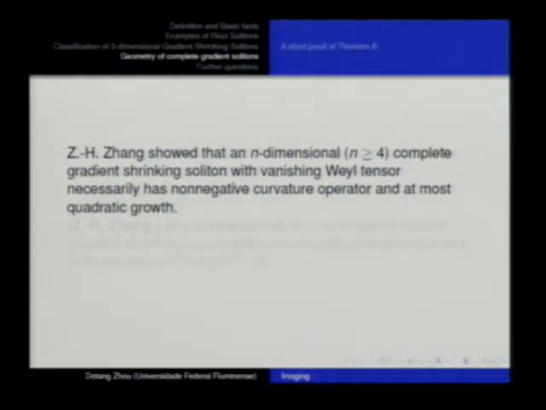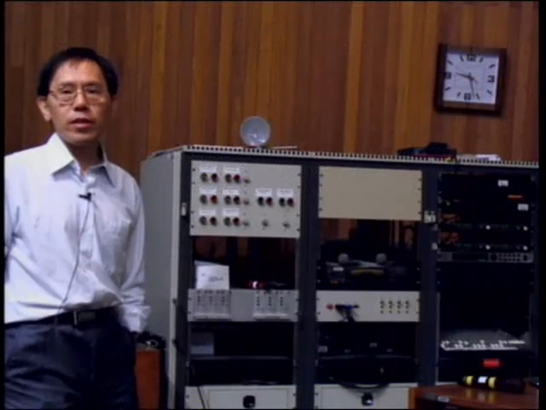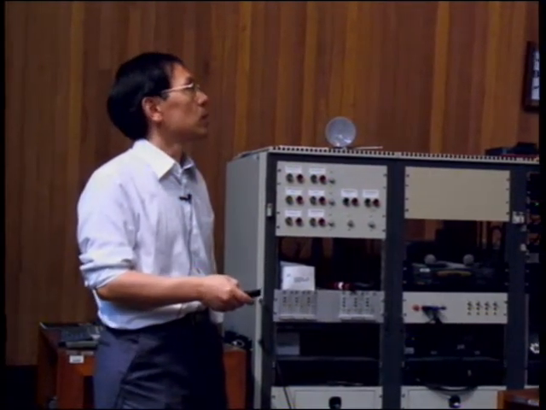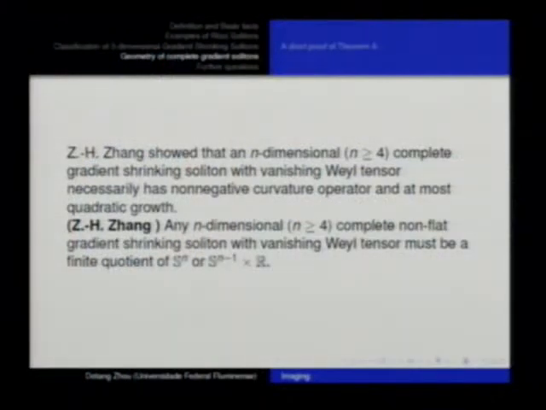It's quite strong. And consequently, the curvature grows at most quadratically with respect to the distance function. Using this, they can combine the result of Wallach or Petersen-Wylie.